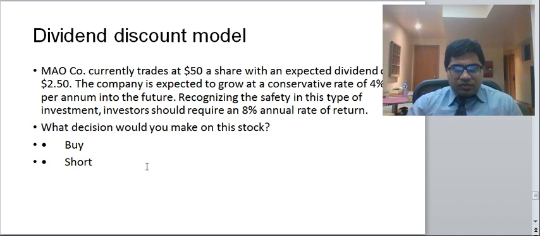I would urge you to solve this question. The current market price is 50 and they have given you some information. The expected dividend is 2.5, it grows at a rate of 4%, and the required rate is 8%.